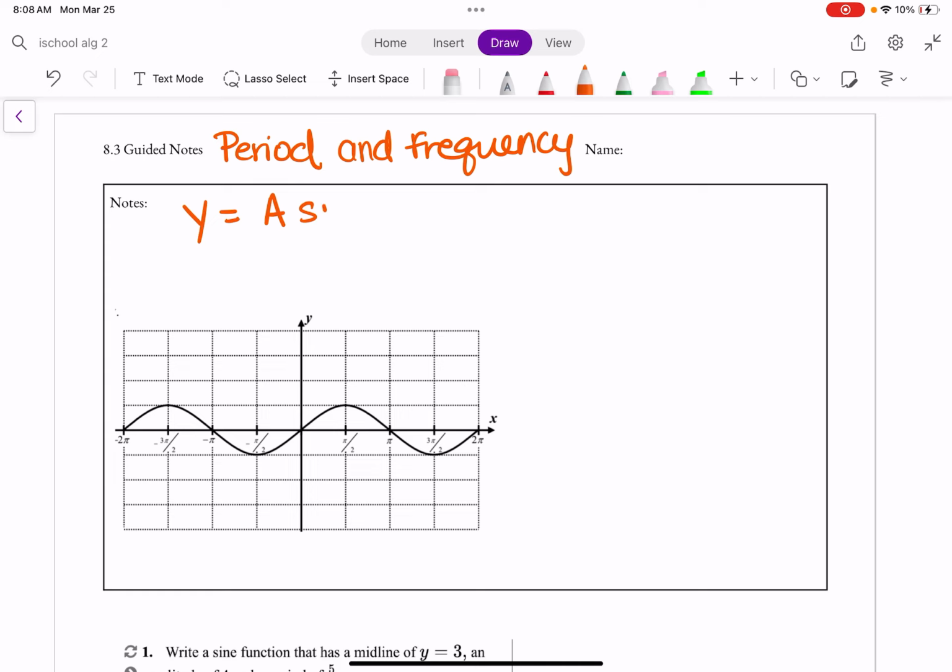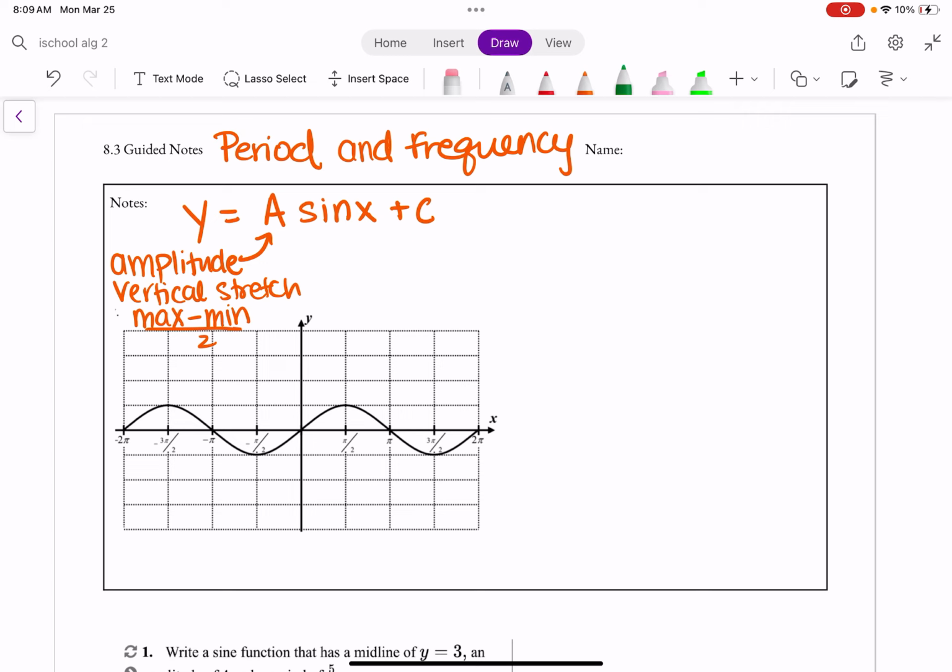So let's say I'm given this kind of equation, right? We know that A is the amplitude, and it's a vertical stretch. Sorry, there isn't a lot of space. We also know the formula to find the amplitude is max minus min all over 2.